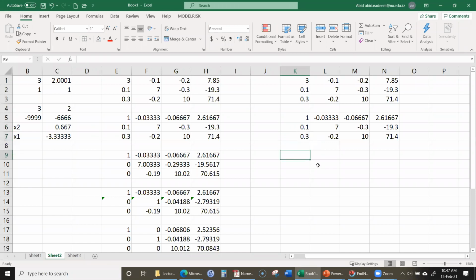The next step is to make these two coefficients 0. For this, the first row will remain the same in the new coefficients.